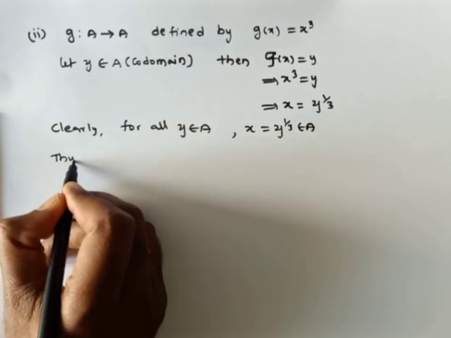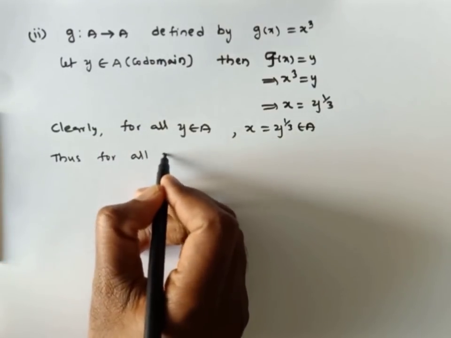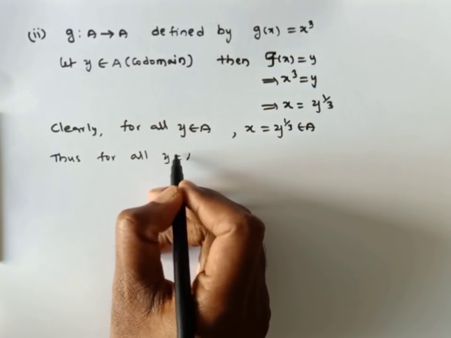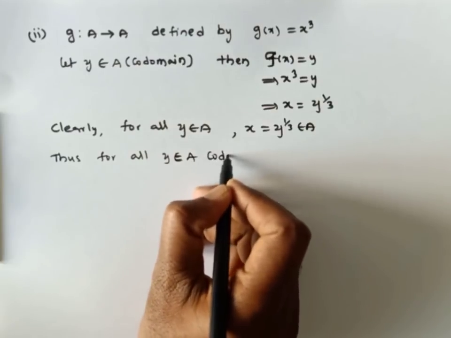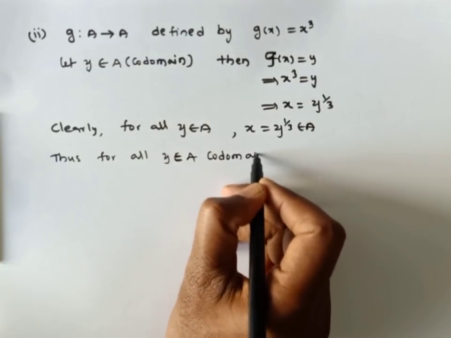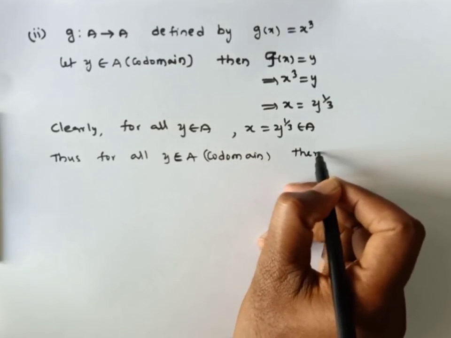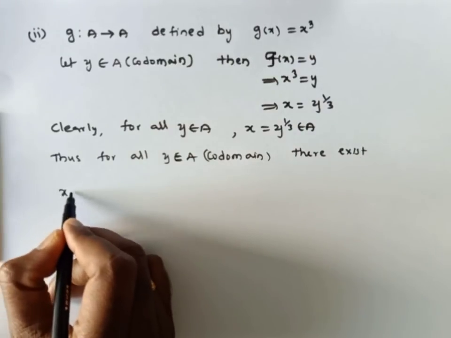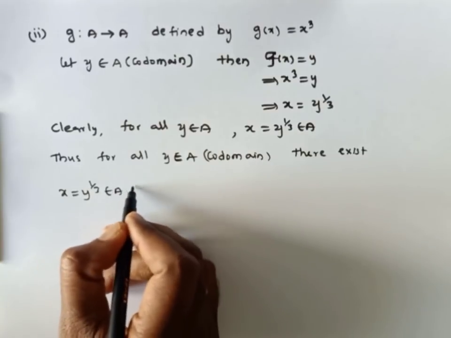Thus, for all y belonging to A, meaning the codomain, there exists x equals y to the power of 1 by 3 belonging to A in the domain.